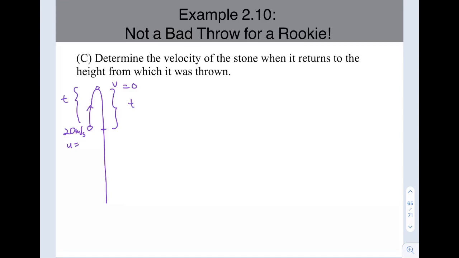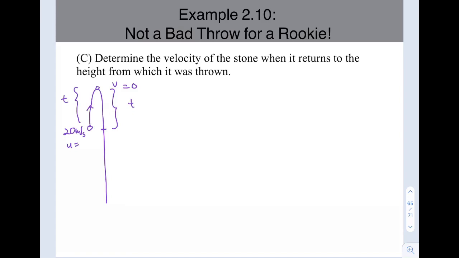You can simply say that, or you may do the calculation to prove that.